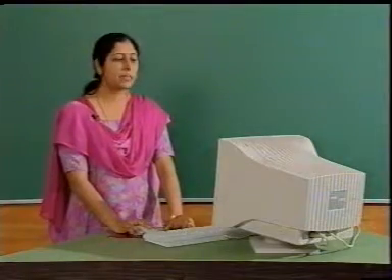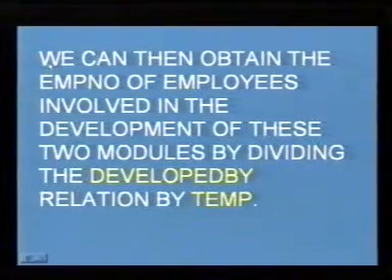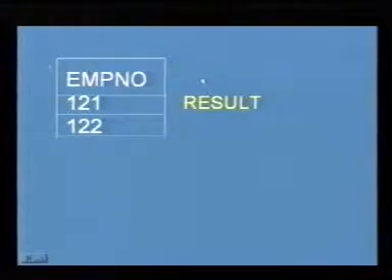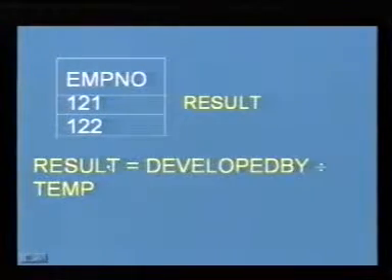After obtaining temp, we can then obtain the employee numbers of the employees who are involved in the development of these modules by dividing the relation developed by by the relation temp. And the result will be employee number 121 and employee number 122. The result we will obtain is result is equal to developed by divided by temp.